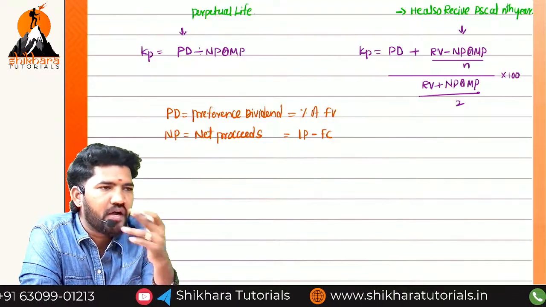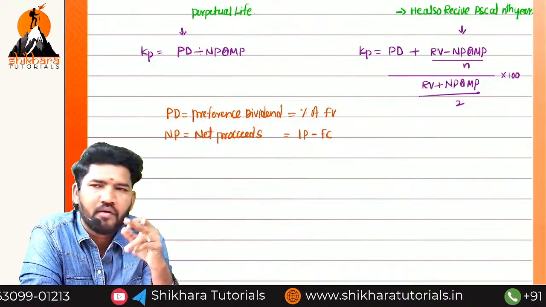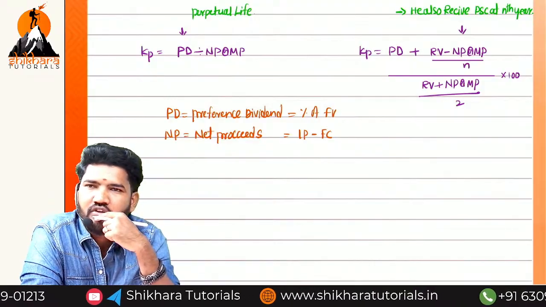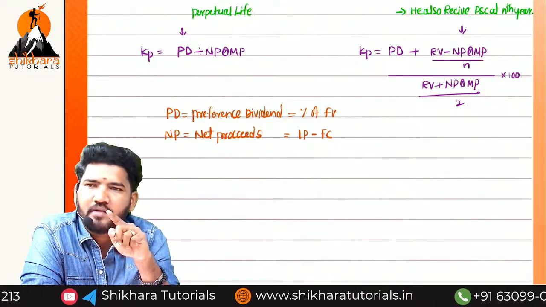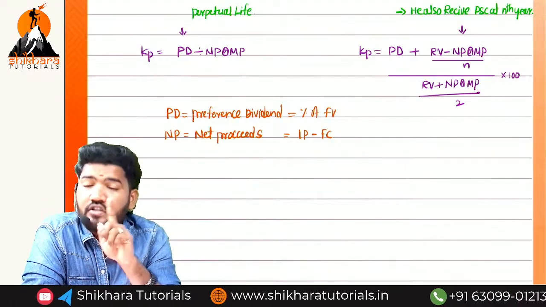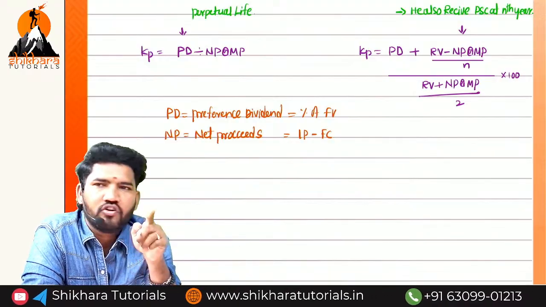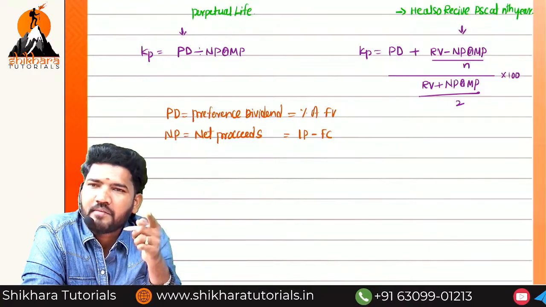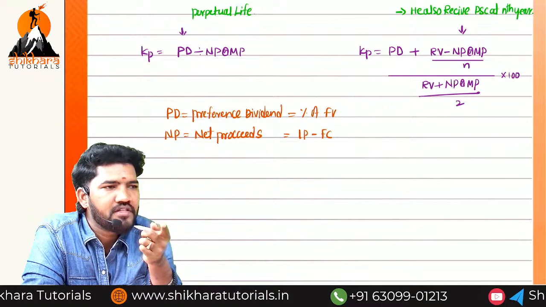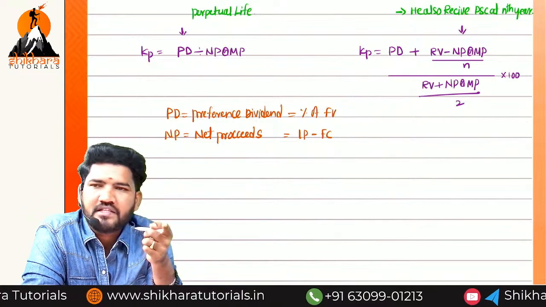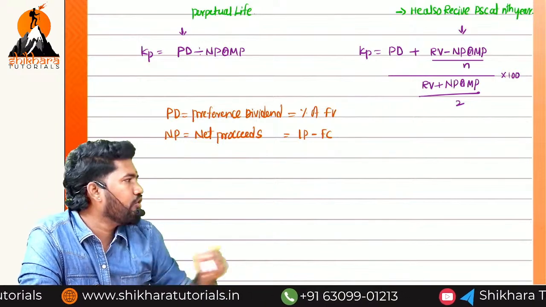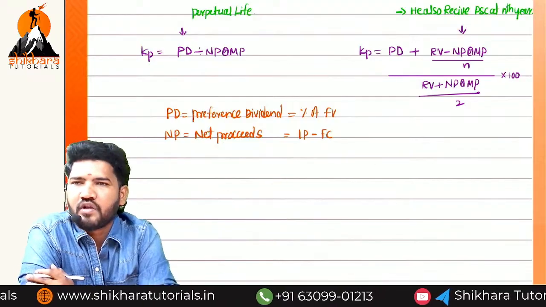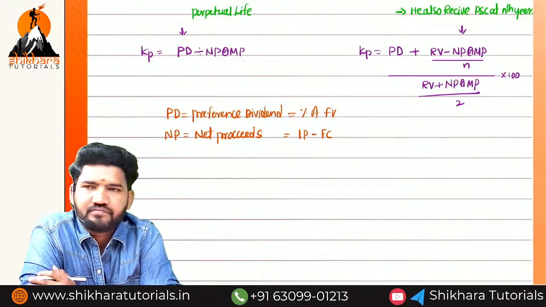You can issue at par, at discount, or at premium. If you issue at par, face value is nothing but issue price. If you issue at a discount, face value minus discount is the issue price. If you issue at premium, face value plus premium is the issue price. Out of that you have to remove flotation cost. Flotation cost means commission.